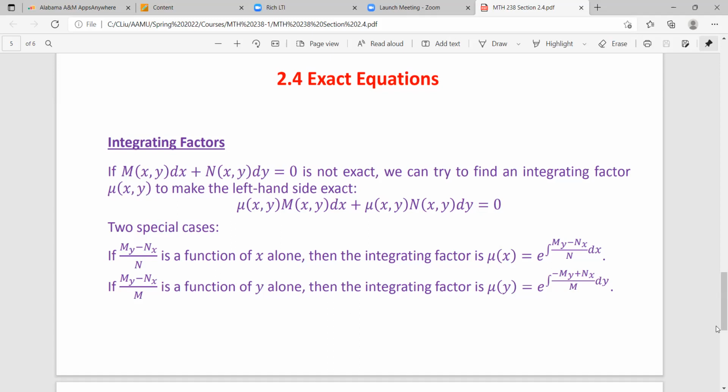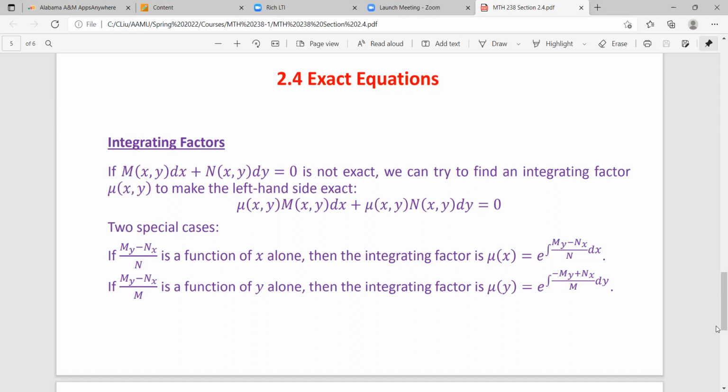Those two cases are: case 1, if partial M partial y minus partial N partial x, over N, is a function of x alone. Remember, M and N are the functions multiplied with dx and dy in the original differential equation. So you take the partial derivative of M with respect to y minus the partial derivative of N with respect to x.